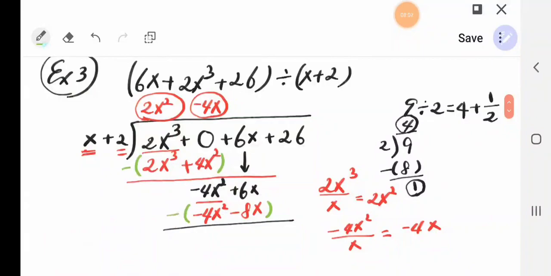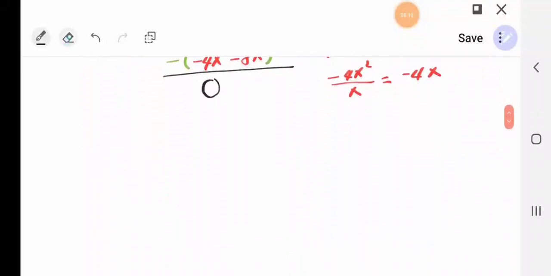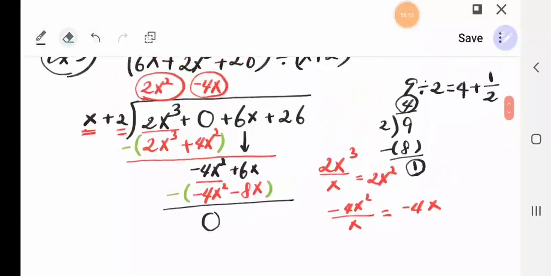Negative 4x squared minus negative is plus, so the first term is 0, and we don't have to write it. And then 6x minus negative is positive, so 6x plus 8x is 14x. And then bring the last one down.